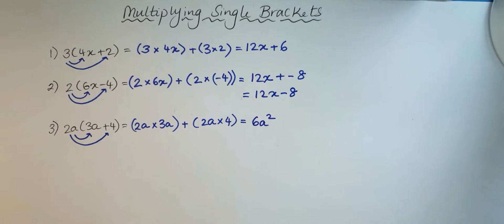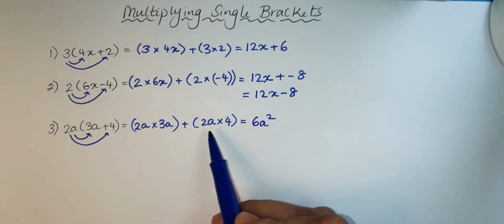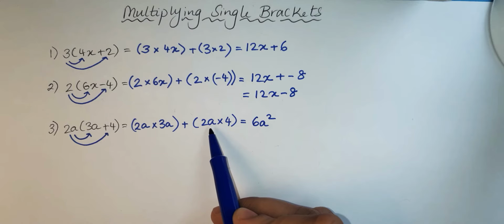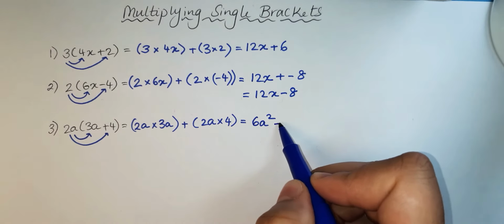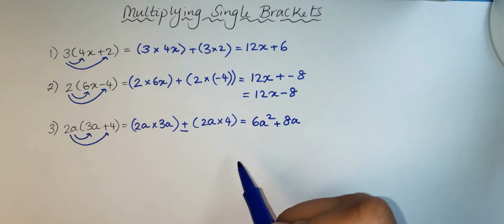So that's our first part of the answer. And 2a multiplied by 4 is, if we do 2 times 4, that's 8, times by the a is 8a. And it's a positive because here is a positive. There's no negative in here.